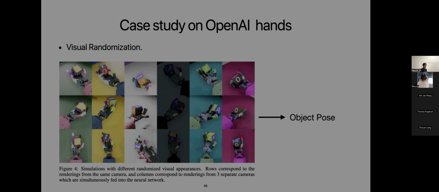In the case of OpenAI's dexterous hand, what they have is the object pose. Firstly, they have 3 cameras from different viewing angles, and in the simulation data they randomize a lot of different colors or textures of either the robot or the environment, together with the lighting scenarios.